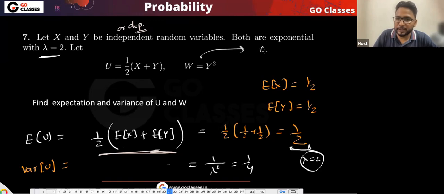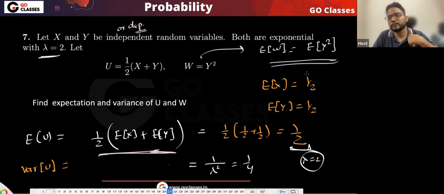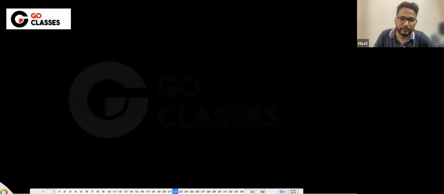Now expectation and variance for this is fine. Now can you calculate the expectation of W? It will be expectation of, this is interesting. Can you do it? Can anyone tell me what is the expectation of W they are getting? Expectation of W is same as expectation of Y square.